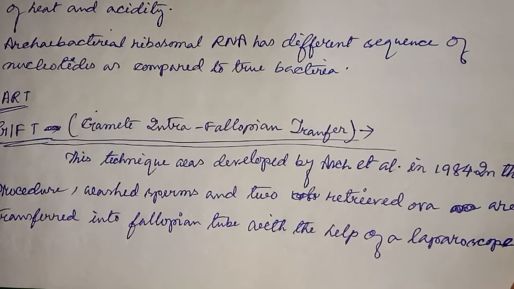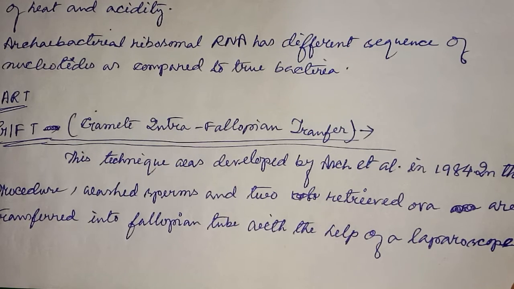So this technique was developed by Ash et al. in 1984. In this procedure, washed sperm and two retrieved ova are transferred into the fallopian tube with the help of a laparoscope.